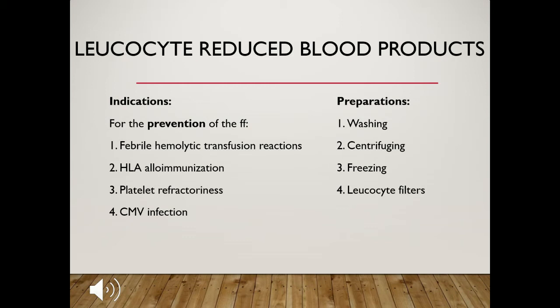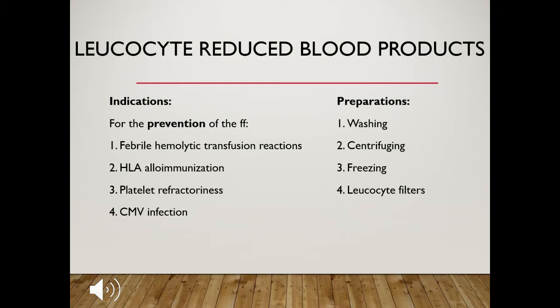So remember these two: febrile hemolytic transfusion reaction, the most frequent reaction during blood transfusion, and HLA alloimmunization, wherein there's formation of antibodies, so ayaw nang tumaas yung platelet or PRBC. Okay? Platelet refractoriness is because of HLA alloimmunization, or there can be CMV infection if the patient is full of leukocytes. Okay? So what do we do to the blood products?